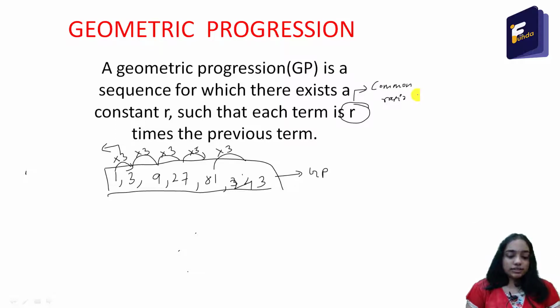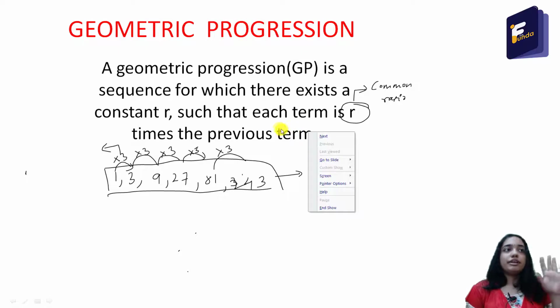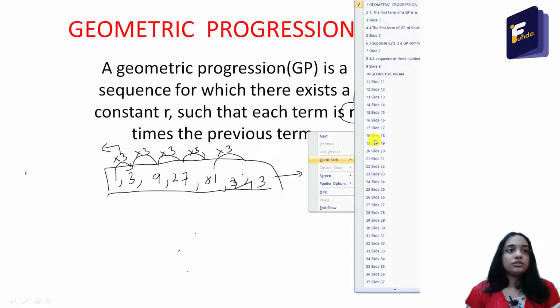So let's do one question. Okay, we have understood the definition of GP, and we have also understood about the common ratio and everything. So let's do a simple question.